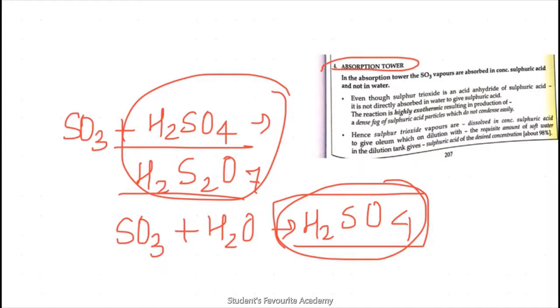That is why I first react it with sulfuric acid, forming oleum, and only then I add water. Hence sulfur trioxide vapors are first dissolved in sulfuric acid, then I add water to it, and finally I get the desired product. So this is the entire process of the manufacture of sulfuric acid.